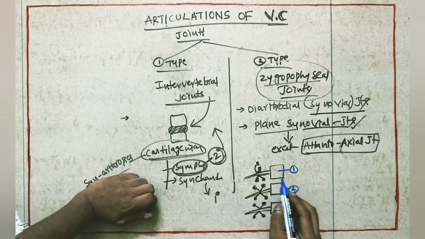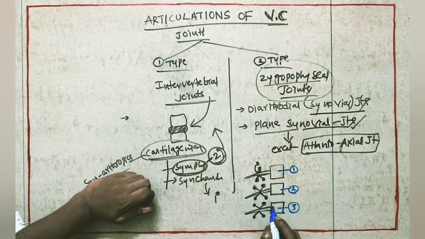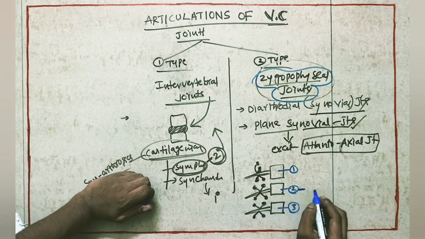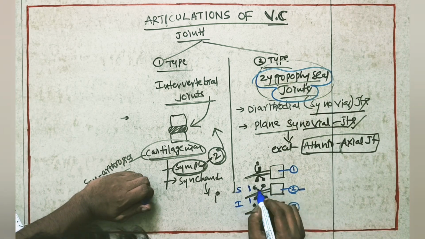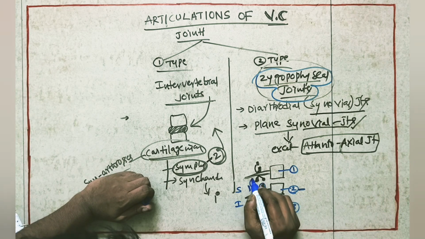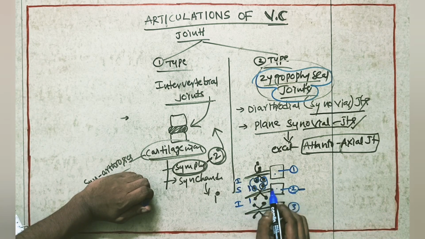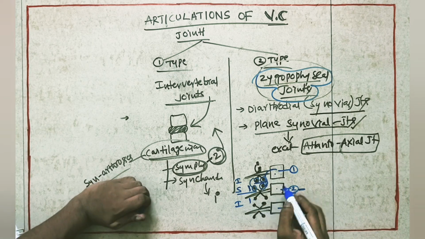If we take one vertebra, it will be having two superior articular portions and two inferior articular portions. Where we can see the zygapophyseal joint: if we take two vertebrae, here we have superior facets and inferior facets. The superior facets of one vertebra are going to articulate with the inferior facets of the other vertebra, the top vertebra.